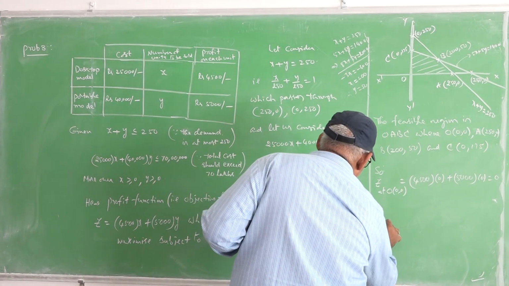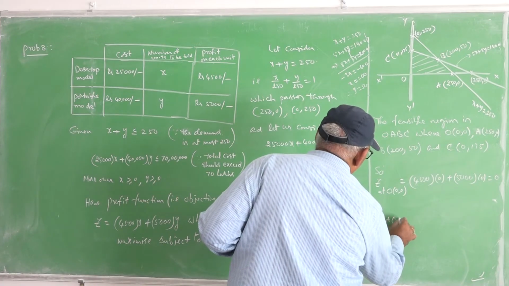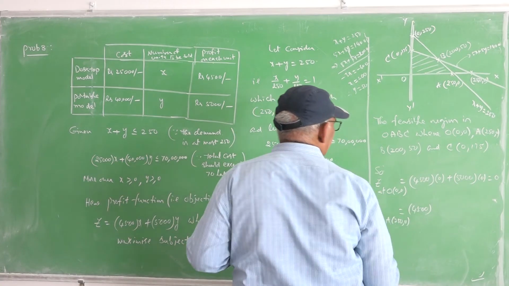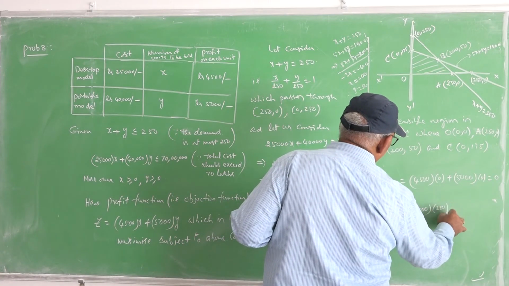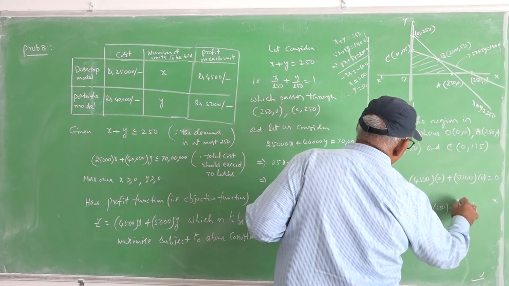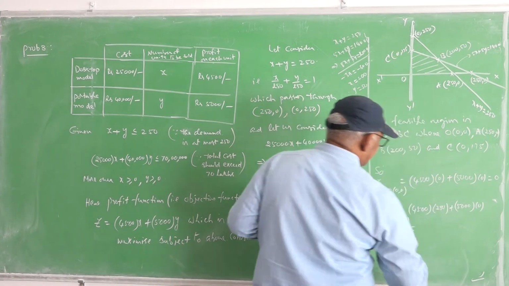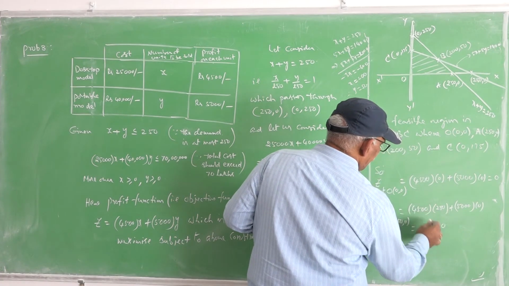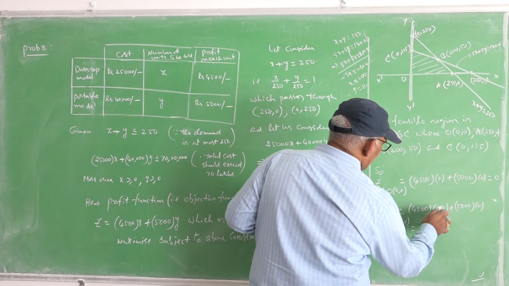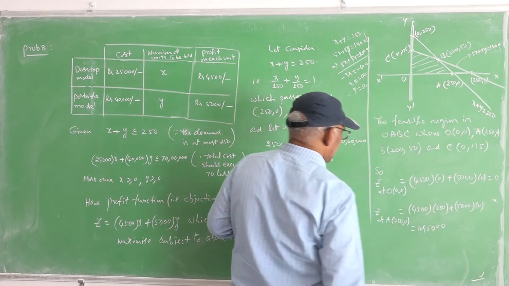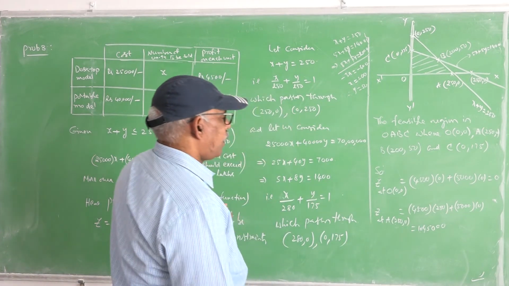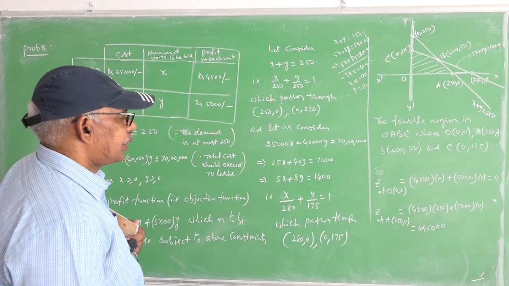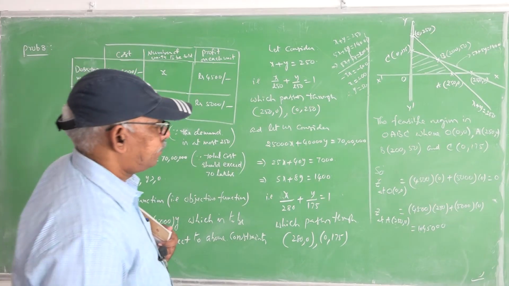Z at A, the corner A is 250 comma 0: 4500 into 250 plus 5000 into 0. The profit at that point is 11 lakhs 25,000.